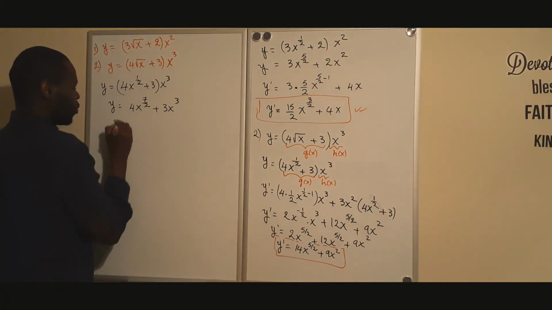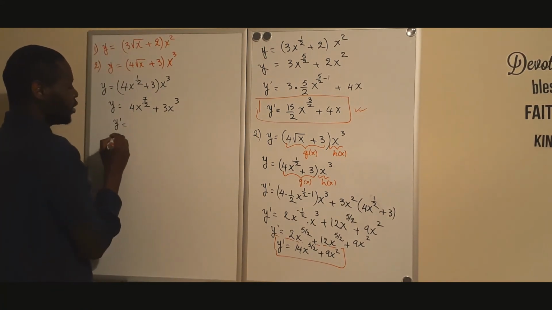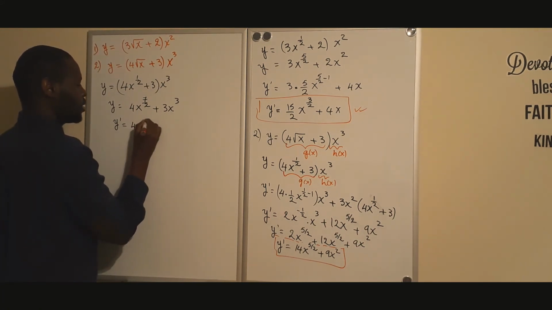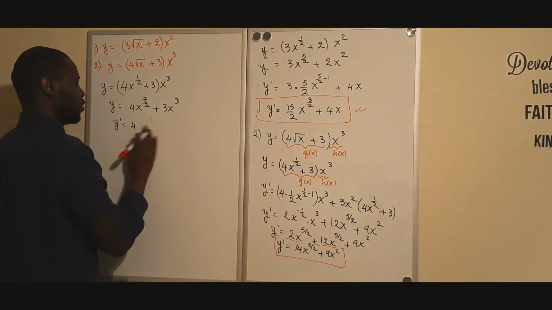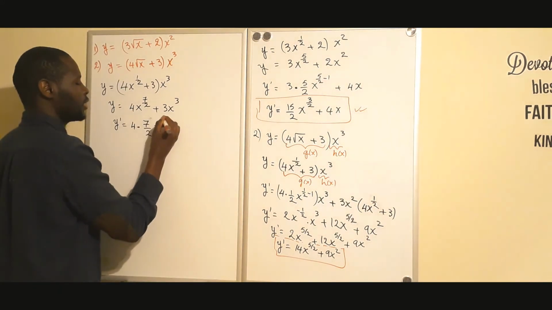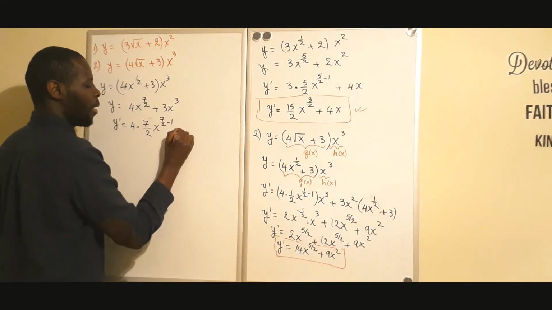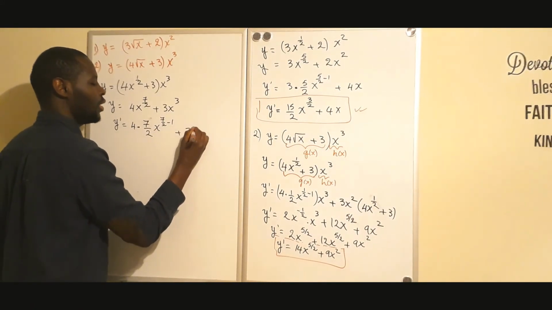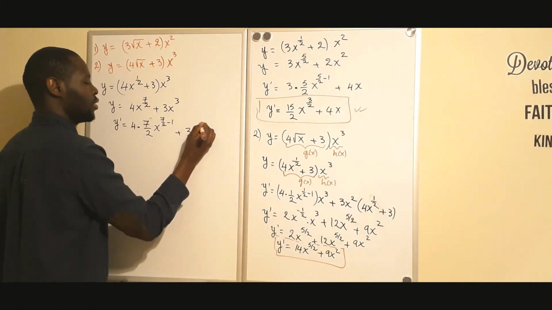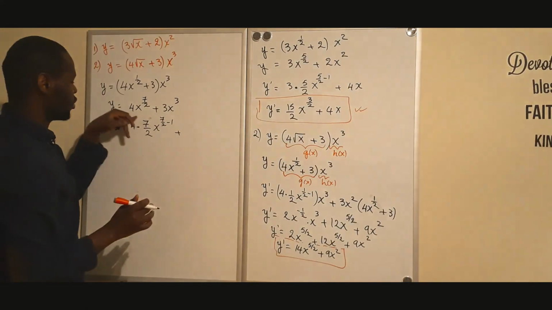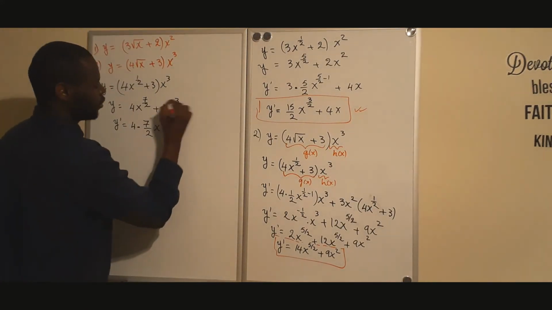All right. So y prime equals what? 4 times 7 halves, which is the power, x to the 7 halves minus 1, plus 3x. Okay. So I took the derivative of this one plus the derivative of this one, right?